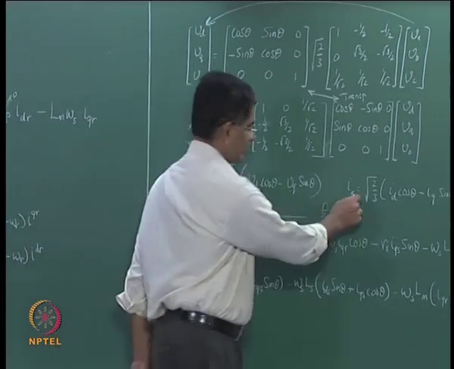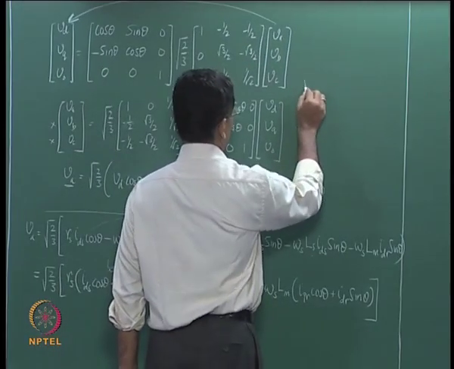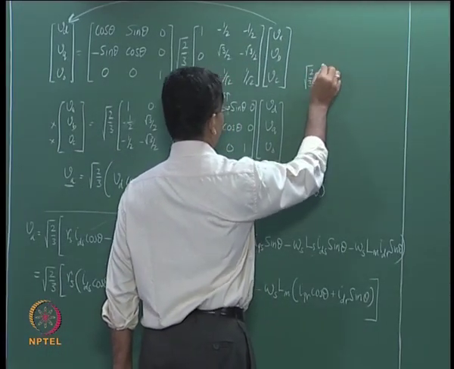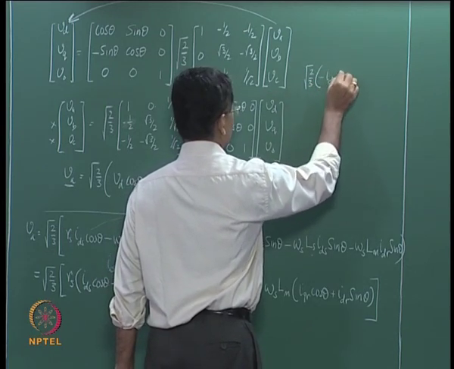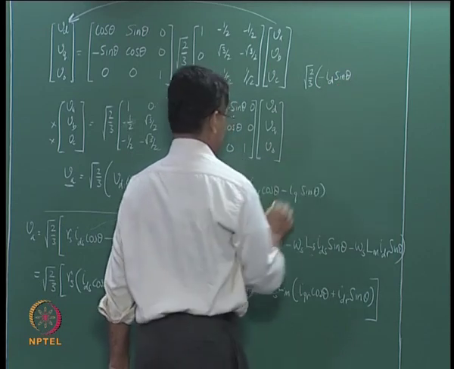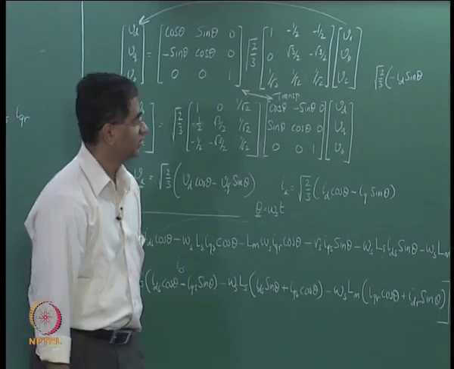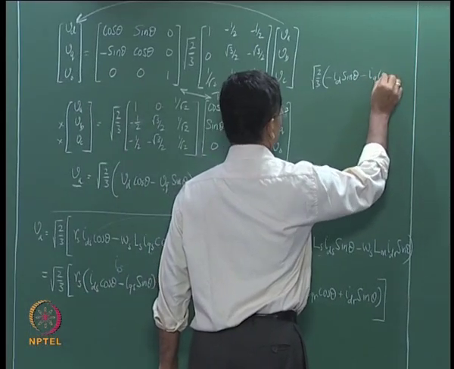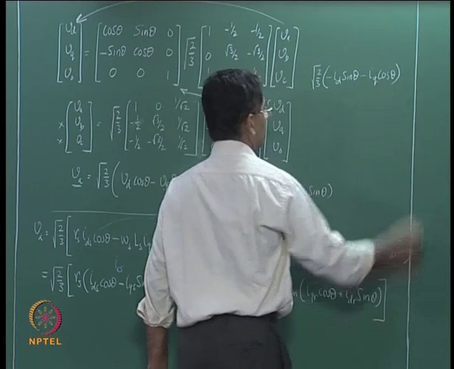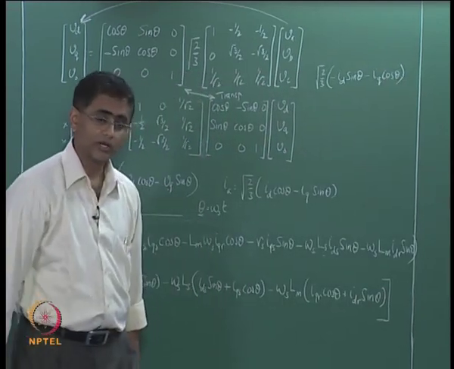So if you differentiate this, what you would get is root of 2 by 3 into minus id sin theta, differential of cos is minus sin, and then minus iq cos theta, and theta is omega s into time.